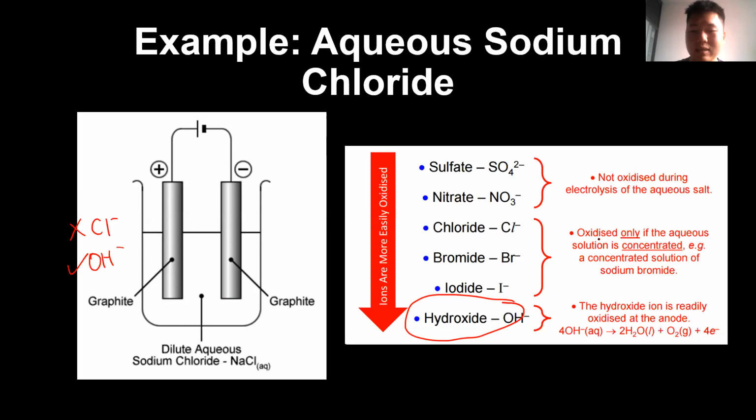Cl-, Br-, and I-, these three will only oxidize if the solution is concentrated. If we have a high concentration of Cl-, and the square bracket here is talking about concentration, then Cl- will be discharged.